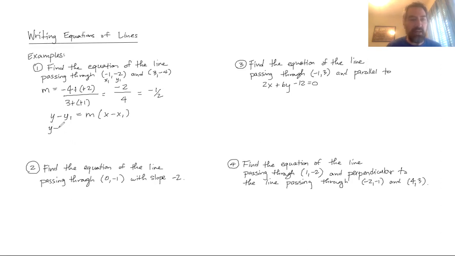So y minus a -2 equals -1/2 times x minus a -1. If the directions do not indicate what form it wants the answer in, you can assume it's in slope-intercept form.